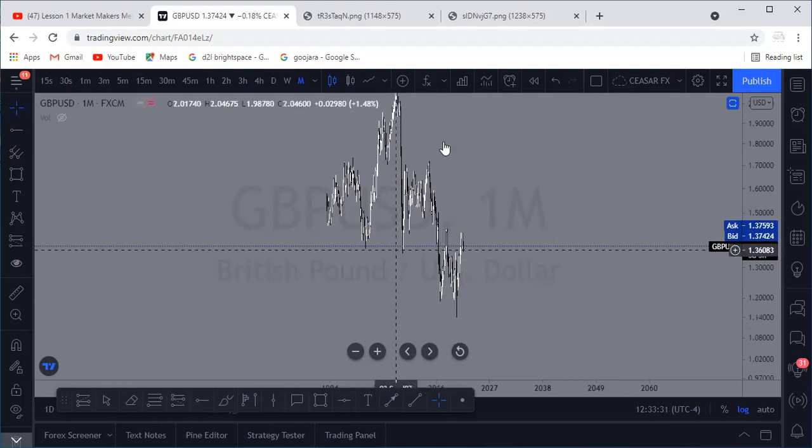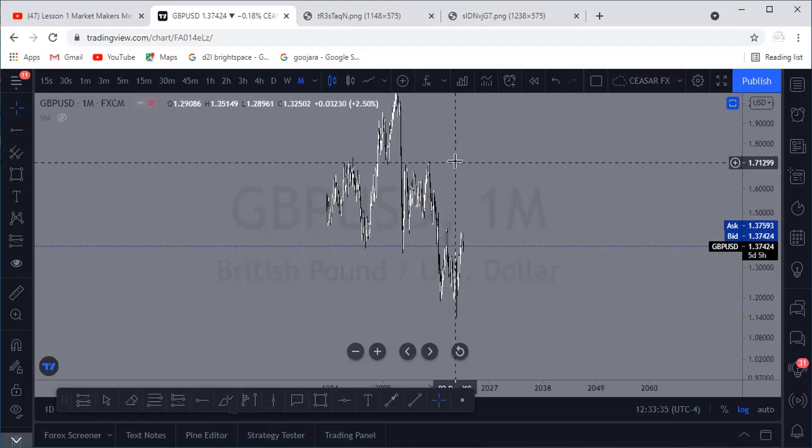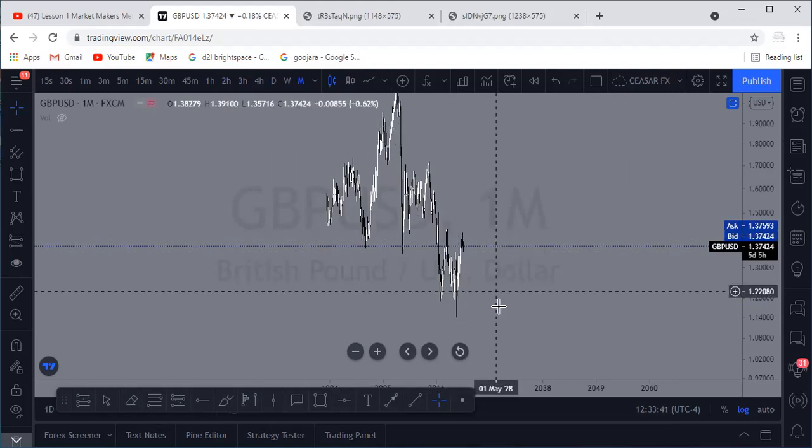So now we know that we are bearish. The only thing the market has to do is move to the upside to close this gap here before continuing with the bearish trend.